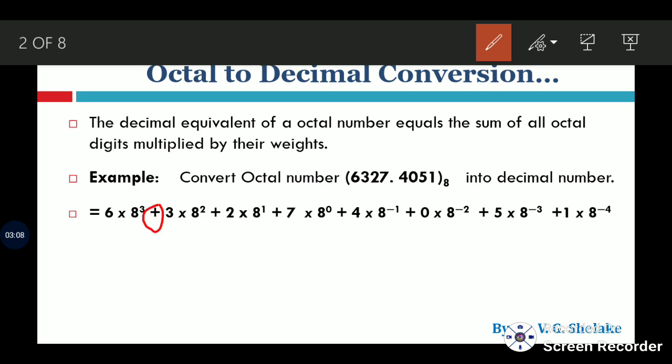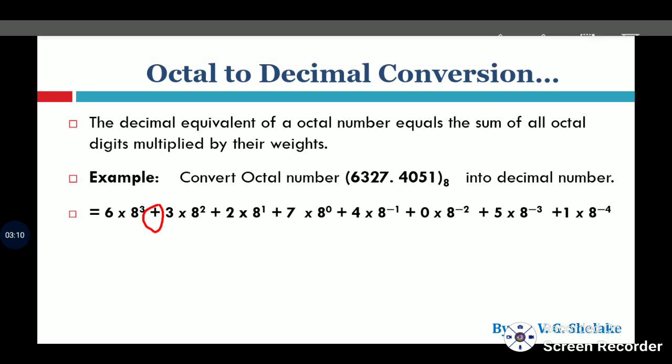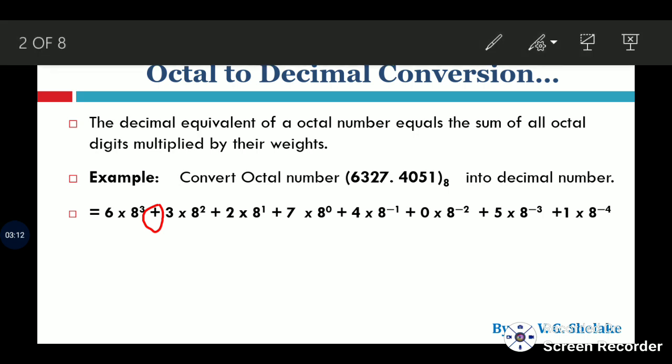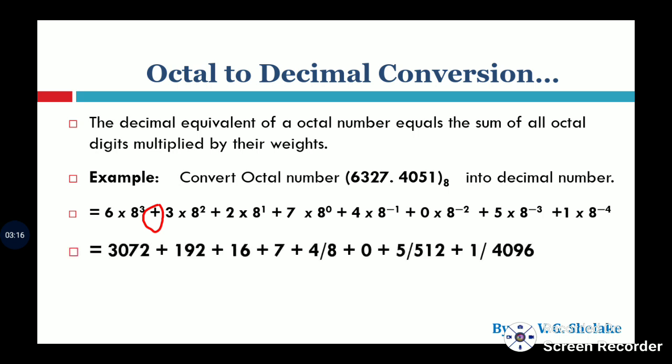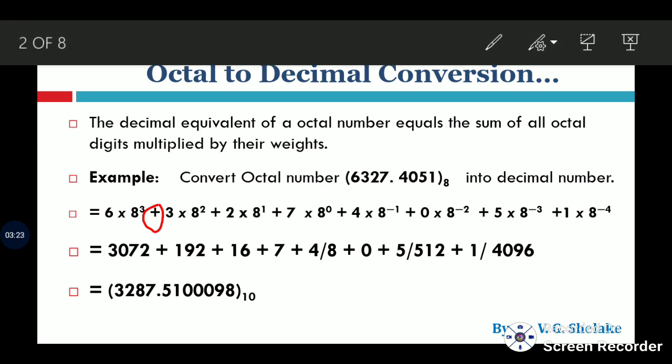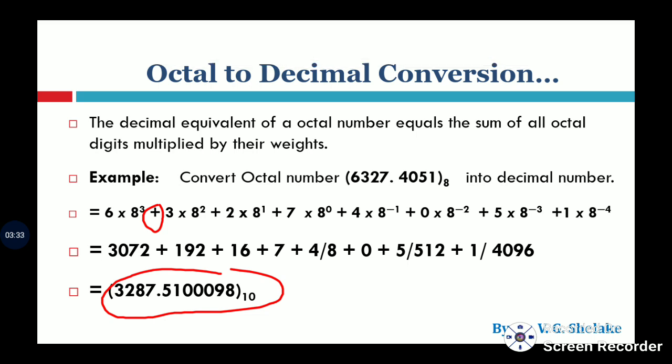We have to add these, and the equivalent result is nothing but the equivalent decimal number. So the decimal equivalent of this is 3287.510098. So this is one method which is used to convert an octal number into its equivalent decimal number.